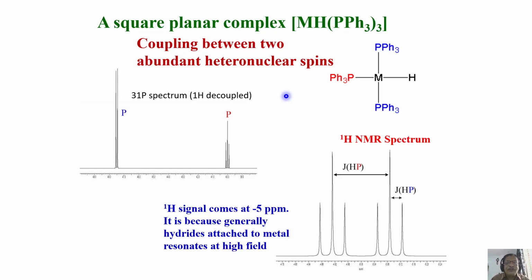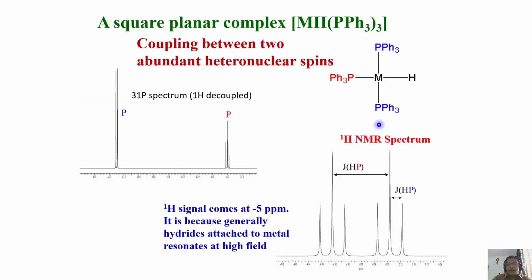You can do this for any nuclei of your interest. Now we are observing phosphorus, decoupling all protons coupled to it. So now there is no proton-phosphorus coupling. If at all, we see only phosphorus-phosphorus coupling. This also will not couple. Okay, this is a metal. It's a different question. So how many peaks do you expect?